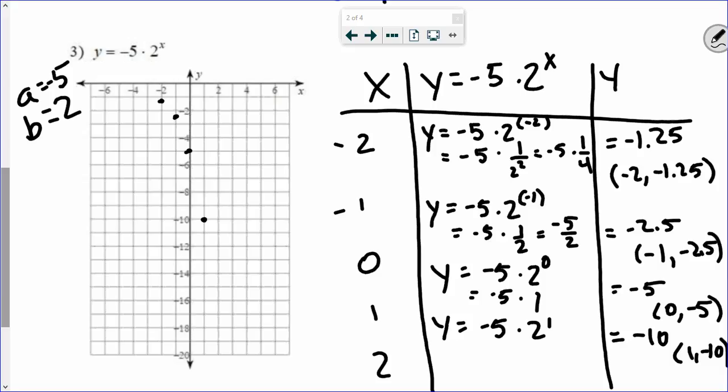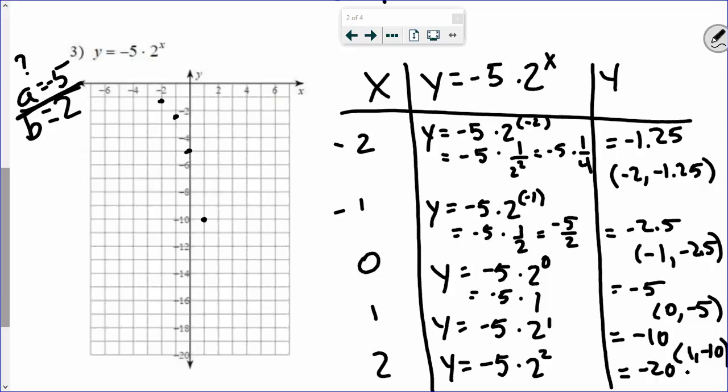So yes, we're seeing that growth is happening rapidly. It seems to be happening a little more rapidly. That is because of our a value. It's that constant out in front there. So then as we plug in positive 2, -5 times 2 squared. 2 squared is 4, so -5 times 4 is -20.